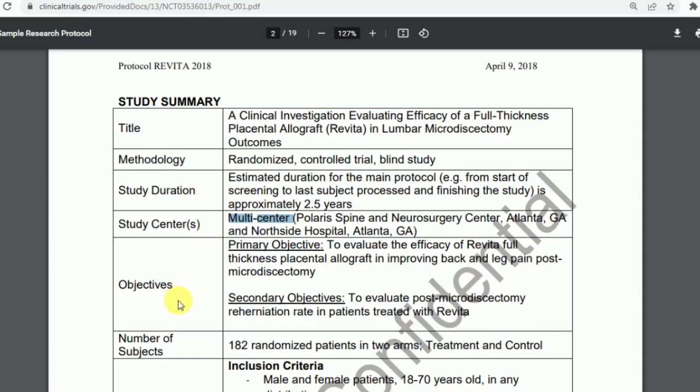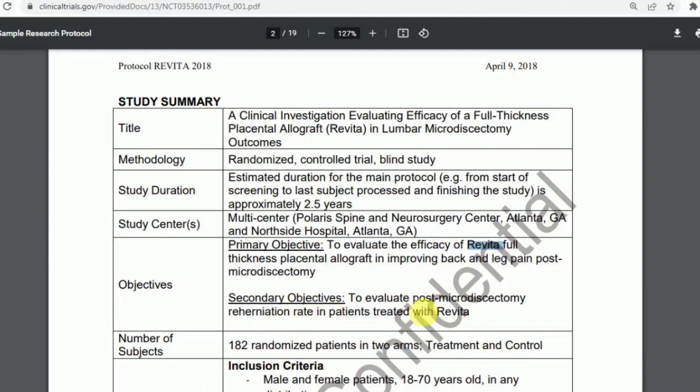So in this study or in this protocol, we can see the primary objective is to evaluate the efficacy of Revita. So here we can understand that Revita is a medicine or drug. Full thickness placental allograft in improving back and leg pain post microdiscectomy.